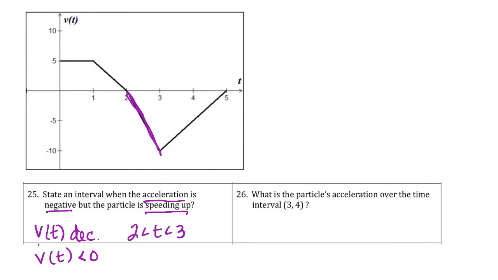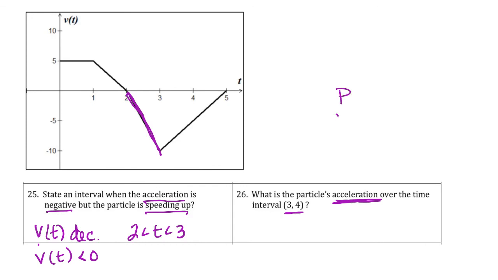Okay, and then number 26, what is the particle's acceleration over the time interval from 3 to 4? So we want to know what is the particle's acceleration, but all we have on this interval from 3 to 4, all we're given for that is velocity.